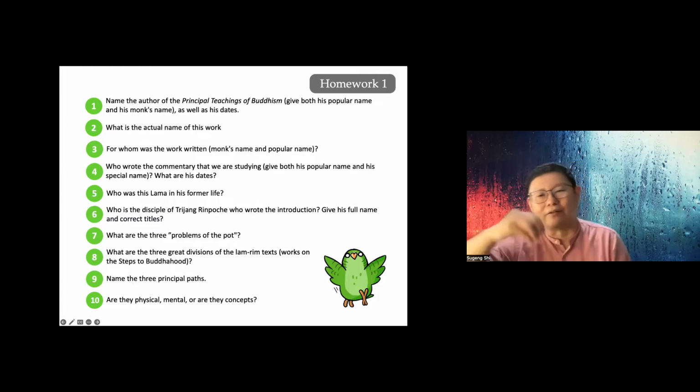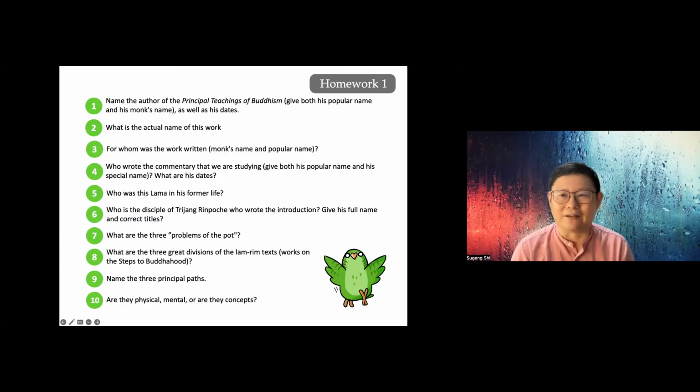Medium is to get out of samsara. And finally, the greater scope is those who want to become enlightened quickly for the sake of others. So name the 3 principal paths: renunciation, Ngenjung, bodhicitta, Jangchub Kyi Sem, and correct worldview, Yangdakpe Tawa.